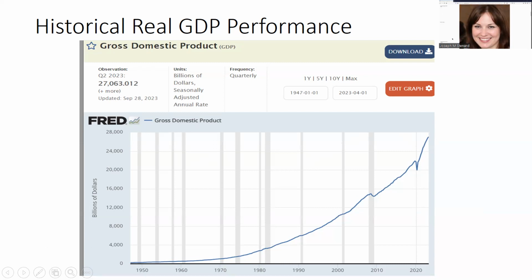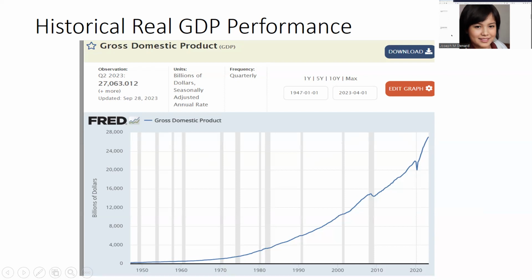And then each of these shaded areas are periods that were recessionary. So we had growth followed by the striped area, and you can see that sometimes the growth lasted much longer than 5 or 6 years, and others it was shorter than 5 or 6 years.